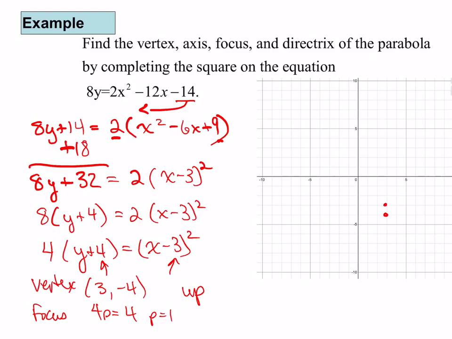We're going to go up 1 to get the focus as it's opening up, and down 1 to get the directrix. So our focus is up 1, so that's at (3, -3). Our directrix is down 1, so that's y equals -5. And then you have it all laid out for you.